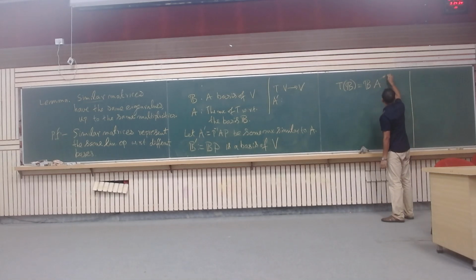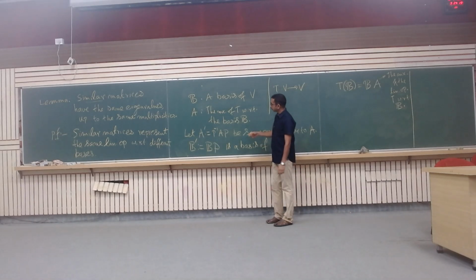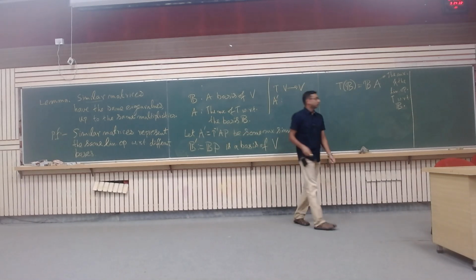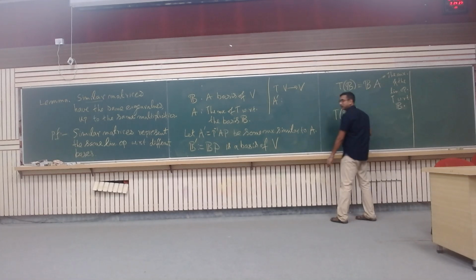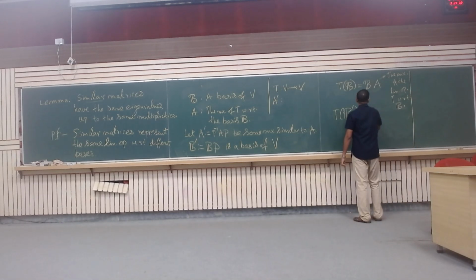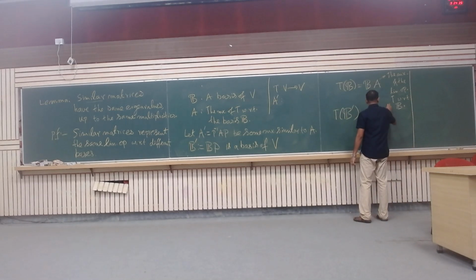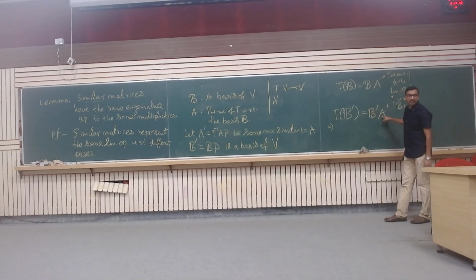So this is the matrix of the linear operator T with respect to B. And now we are going to see what is the matrix of the linear operator T with respect to this basis B dash. Perhaps you could also already recall that from what you have done earlier, that was Q inverse AP, but Q is here P, okay? So this is B dash, A dash, A. Then we are going to show that this is indeed A dash.